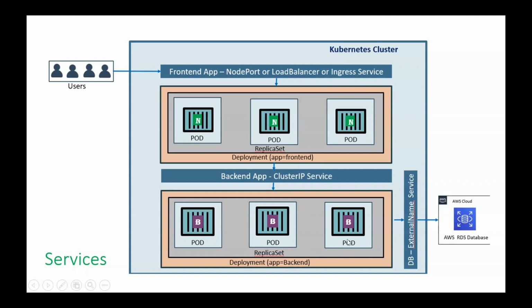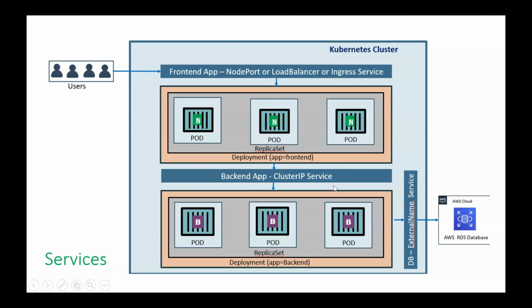Inside that we have a replica set, and inside the replica set we have three pods in the front end and another three in the back end. To communicate between our back-end pods and front-end pods, we have created a ClusterIP service. Generally, if you want to communicate between pods, you will have to create a ClusterIP service.